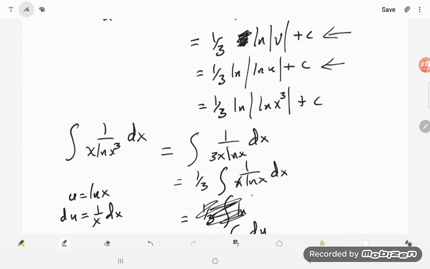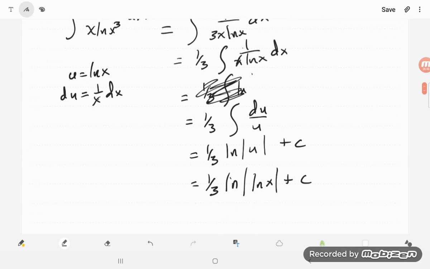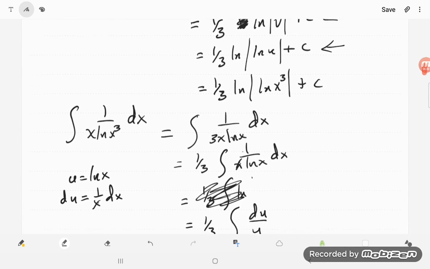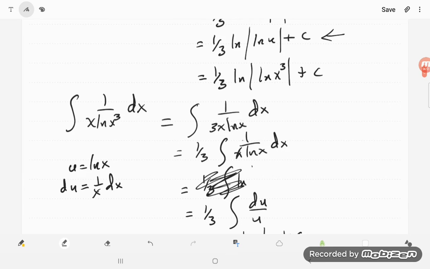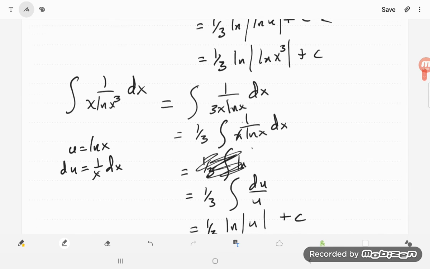Now, actually, notice we had an x cubed there, and so this now worries me, right? I used two different methods, and I got what appears to be two different answers. Now, I know I could bring that 3 down and make this natural log of 3 times natural log of x.